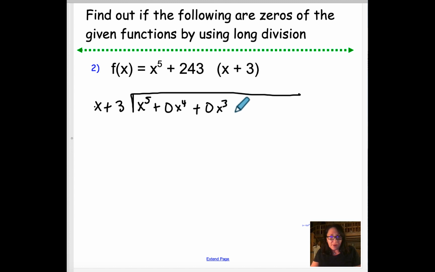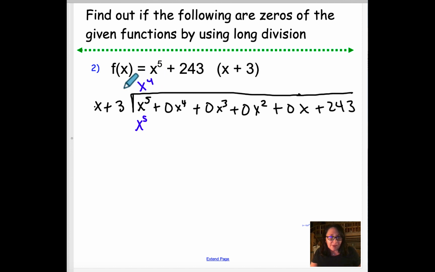Okay? x times what is 9x cubed? That would be 9x squared. 9x squared times x is going to be 9x cubed. 9x squared times 3 is going to be 27x squared. Subtract the quantity, and the first terms cancel. 0 minus that is negative 27x squared.